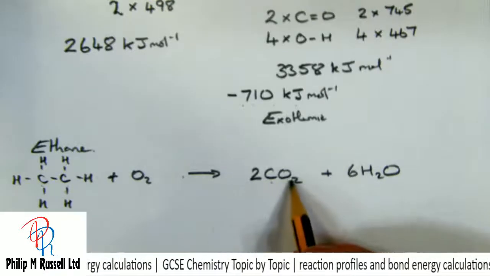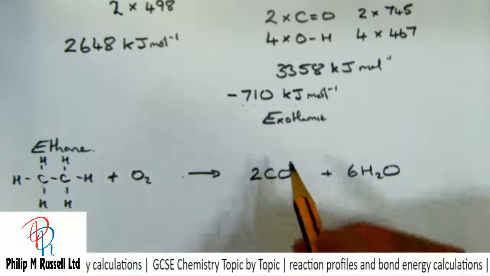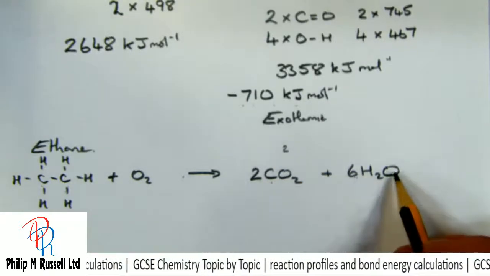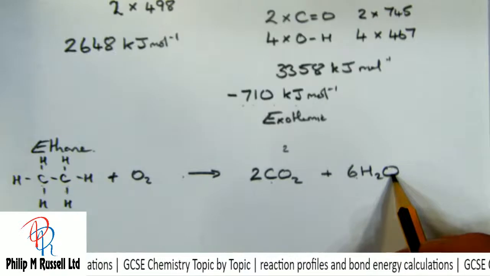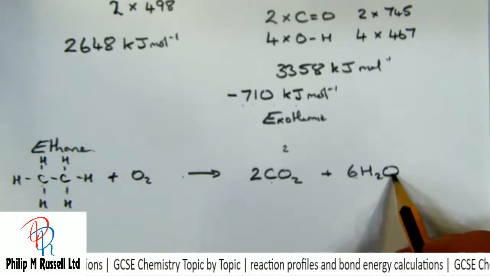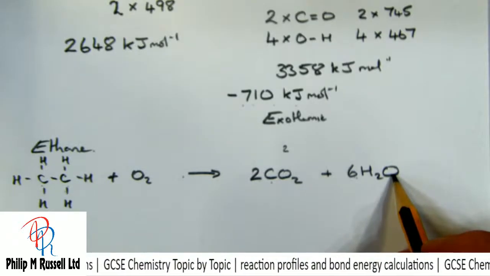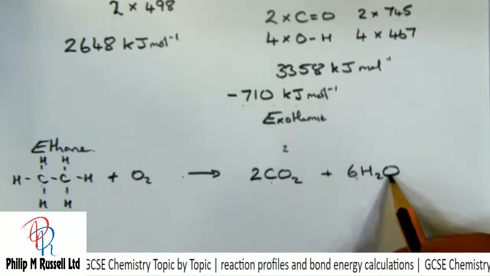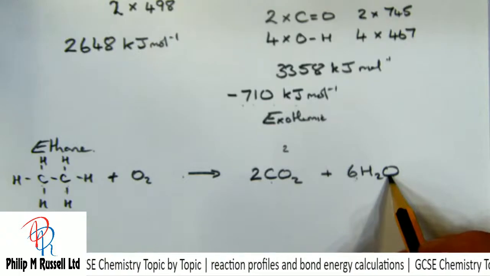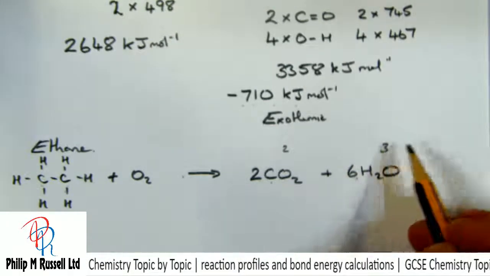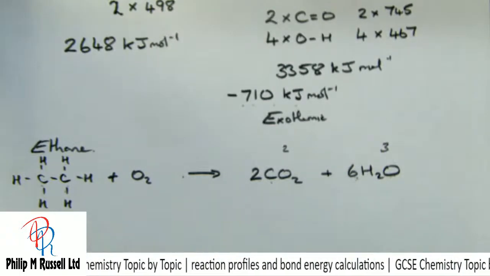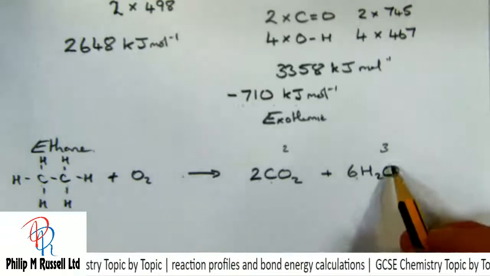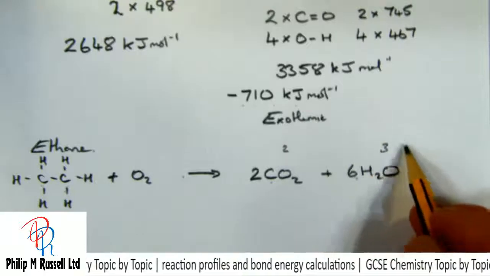So I've got 2 O2s, so that gives me 2 of them, and this is going to give me 6 O2s. If I got 6 molecules of this, then we're going to need 3 O2s to try and sort this out, but we're not.